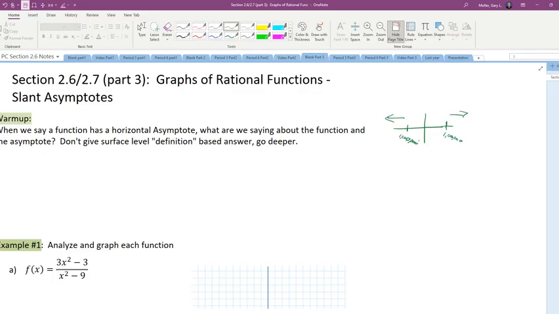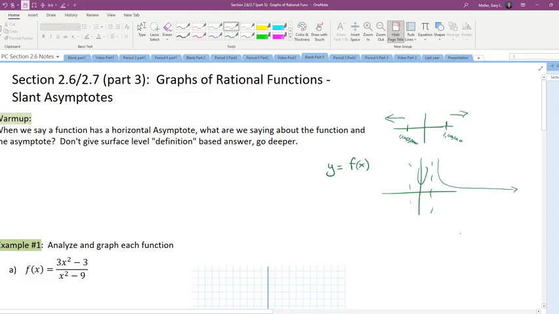But the one thing I really want you to think about with what a horizontal asymptote is, you can also think of an asymptote as a replacement of the function itself. You can graph a very complicated rational function that does all kinds of weird stuff in this range around 0, but eventually, it starts to do something like this possibly.